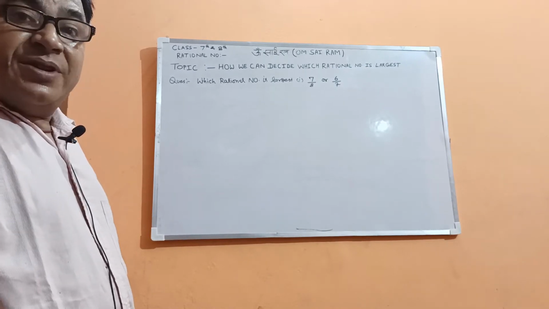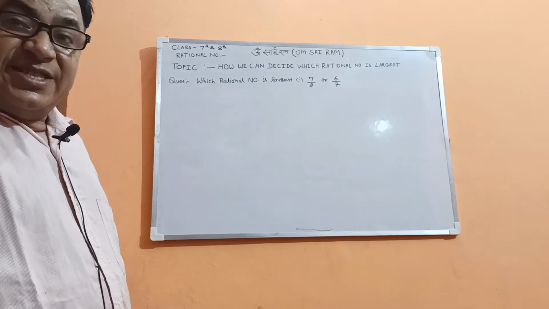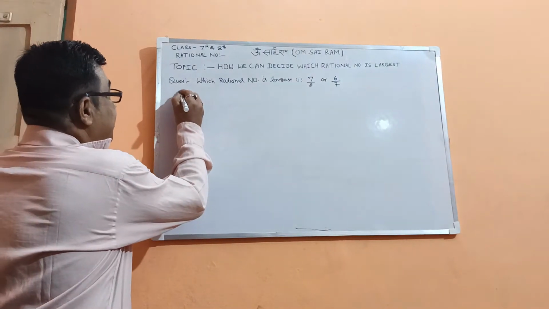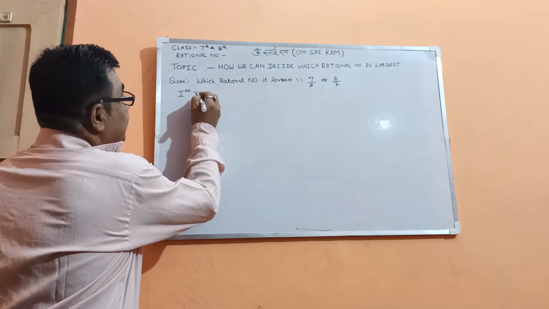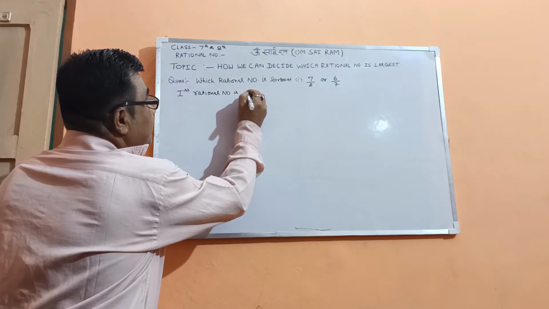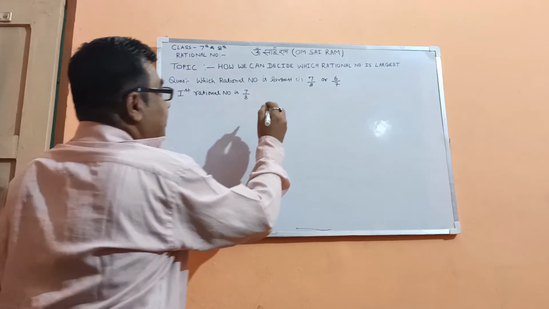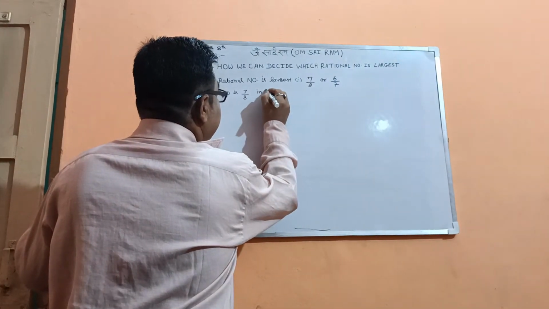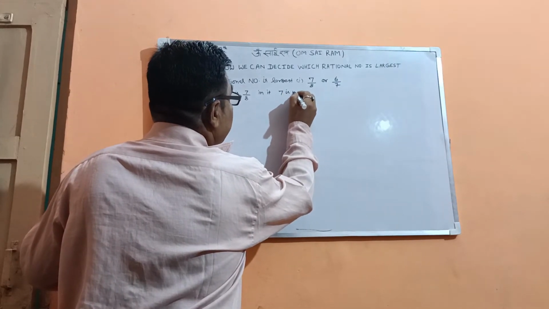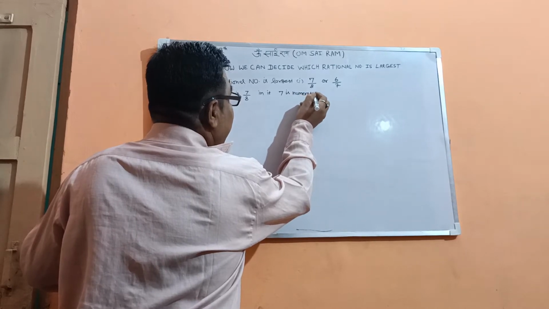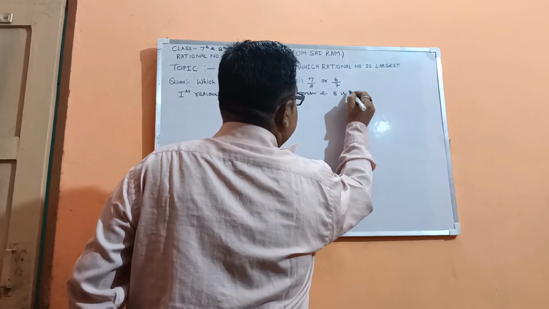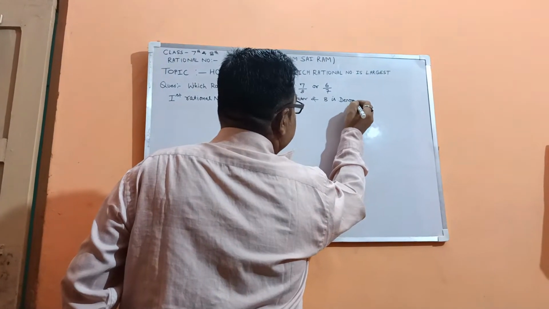In the first rational number, 7 by 8, 7 is the numerator and 8 is the denominator.